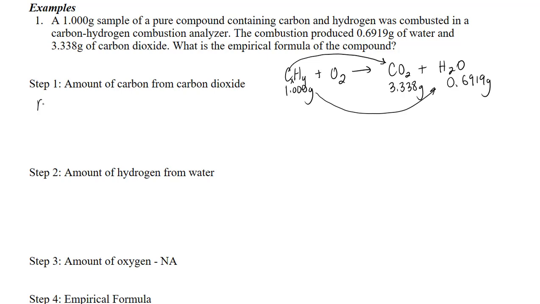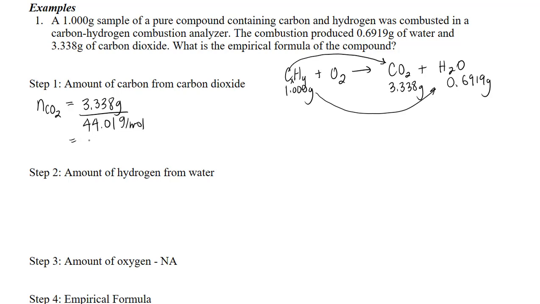So first, we'll use the information from the CO2 to figure out how much carbon we have. And we need to work in moles, because if I know how many moles of carbon dioxide I have, I can figure out how many moles of carbon there are in that compound. A reminder that the moles is equal to mass divided by molar mass.